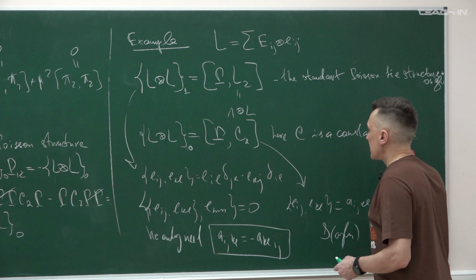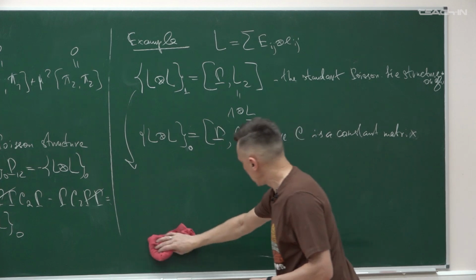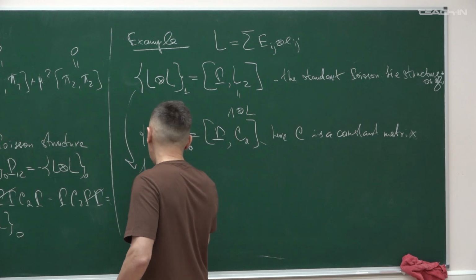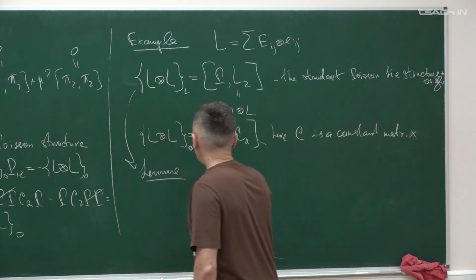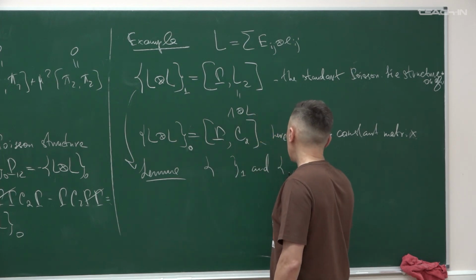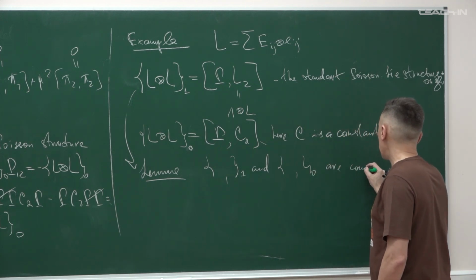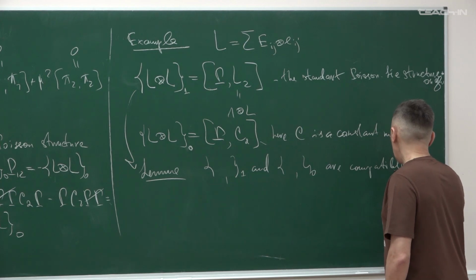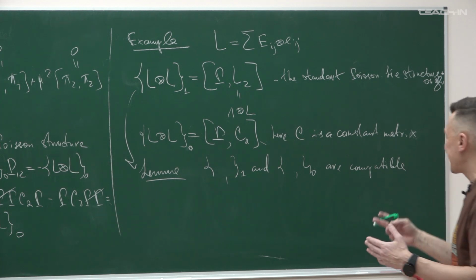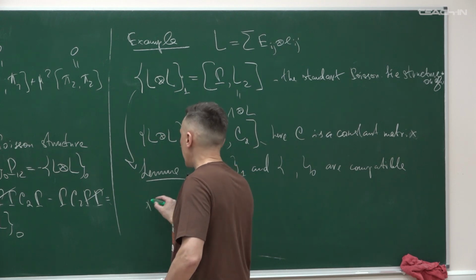So the next statement will be that they are compatible. L1 and L0 are compatible. How to demonstrate this?